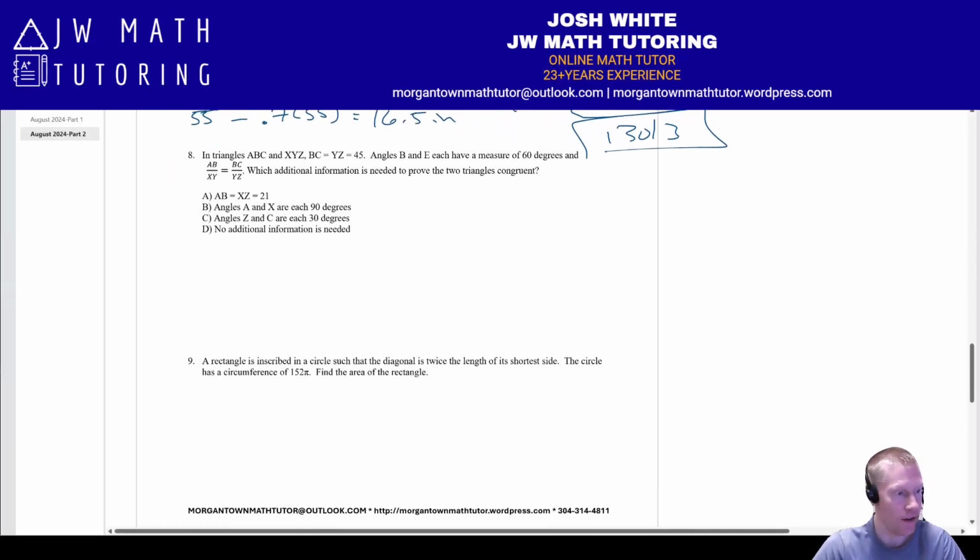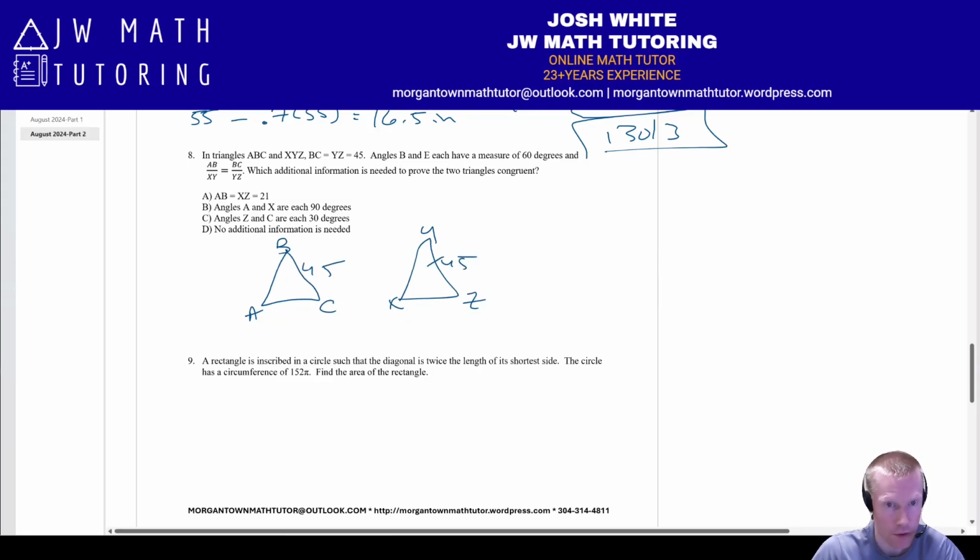Question number 8, here we have two triangles. So I'm just going to sketch them out real quick. ABC, and we have X, Y, Z. We know that these two sides are each 45, therefore they're congruent. We know B is 60 degrees. We know, all right, that should be a typo. That's a typo.